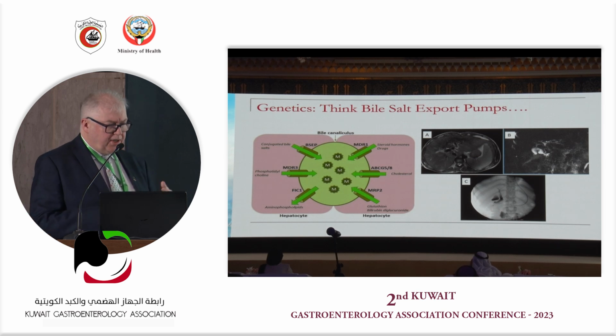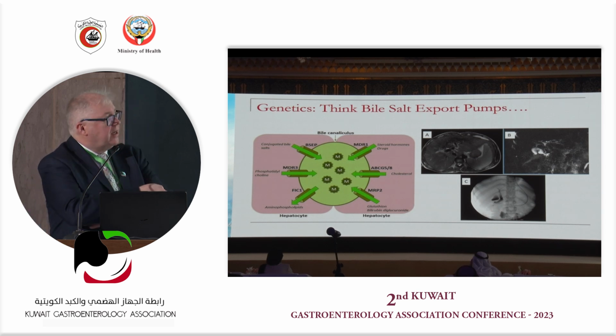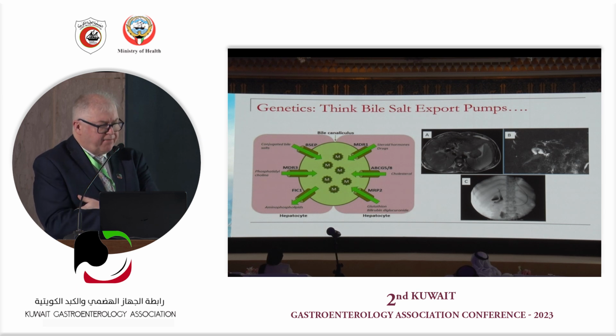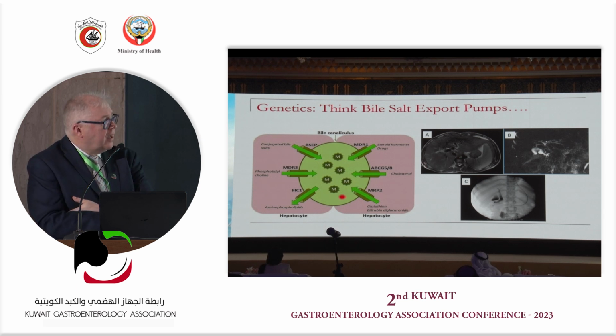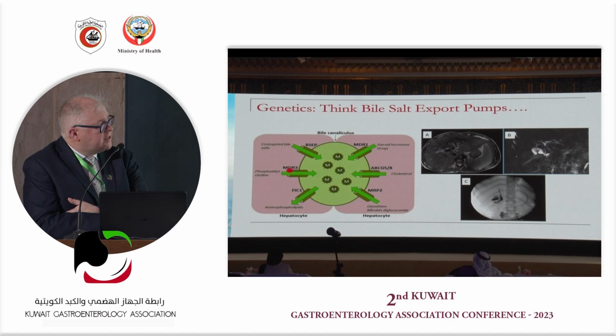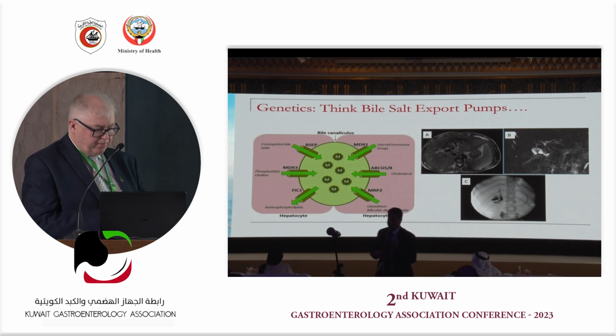Now, I mentioned the genetic issues related to bile salt export pumps. When you find patients with bilirubins of 6, 7, 800 after the exposure to drugs, often what you will find is that they have mutations in MDR3, family histories of cholestasis or pregnancy, family history of FIC1 or itching on the oral contraceptive pill.